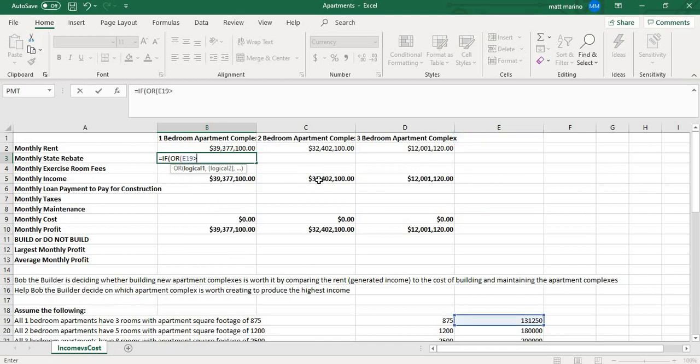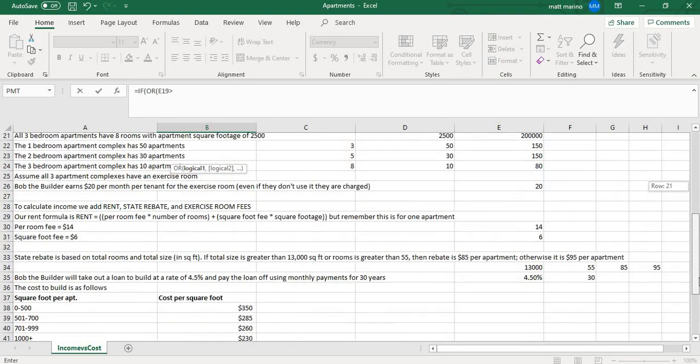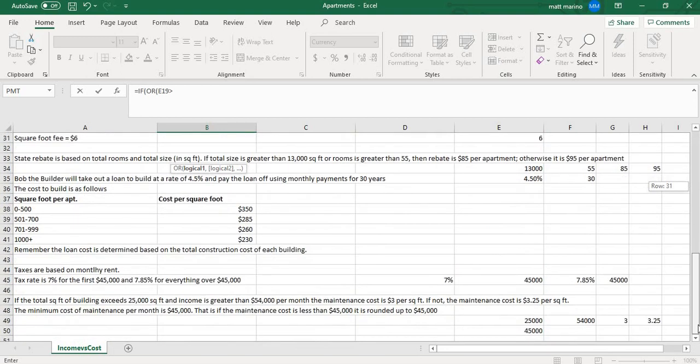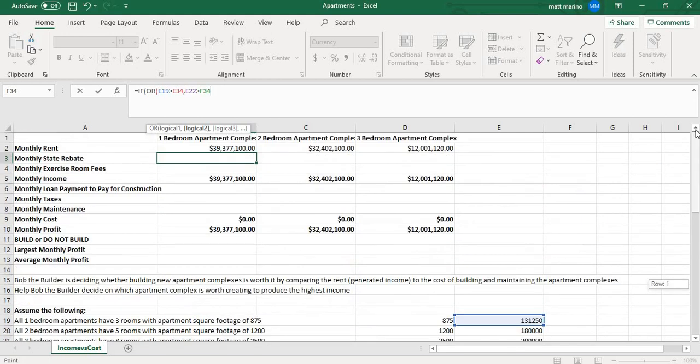It is nested. We then need to check whether our square footage is greater than 13,000, which you'll notice is here in E34. We also need to check whether E22, our number of rooms, is greater than 55, which you'll notice is in F34.